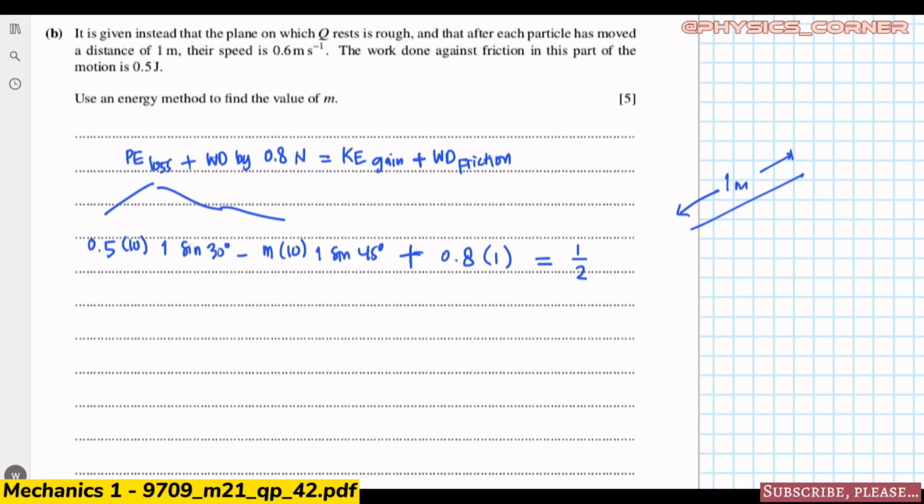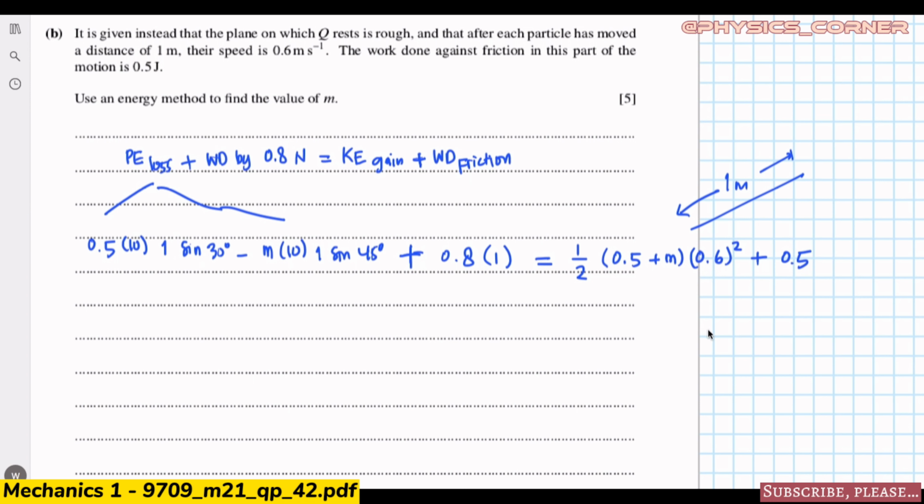Final velocity is not zero here; the mass is both of them, not only mass 1. So this is a half times 0.5 plus m times 0.6 squared, plus work done against friction, which is 0.5 joules.